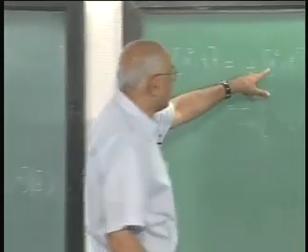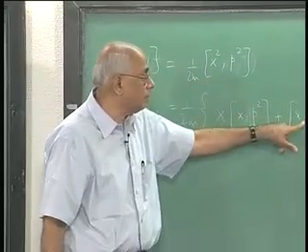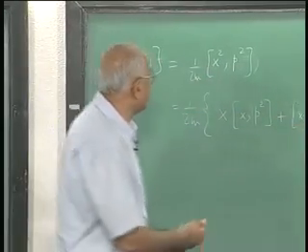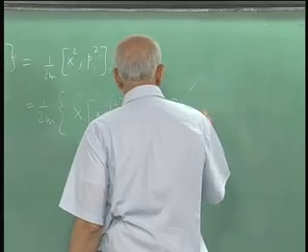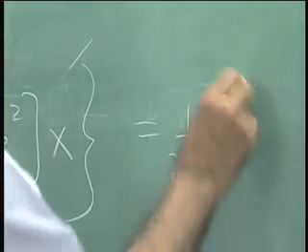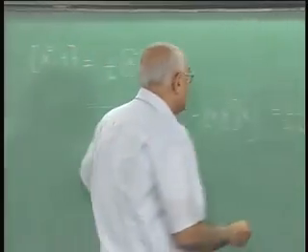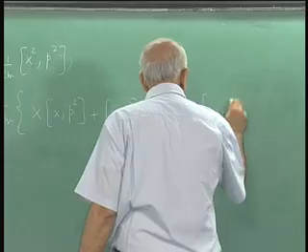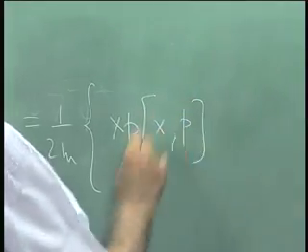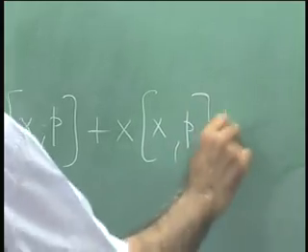So x squared is x times x, the first factor I write here, the second factor I write there, I pull it out, plus, that is it. This is equal to 1 over 2m, and x with p squared, I could write this as x with p, p, plus p, x with p.